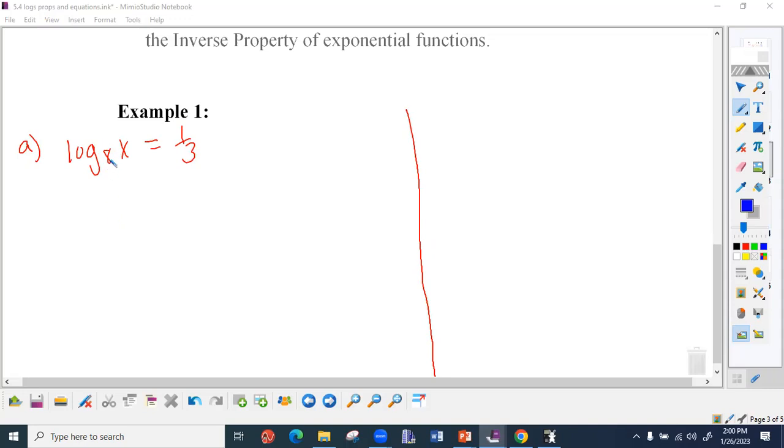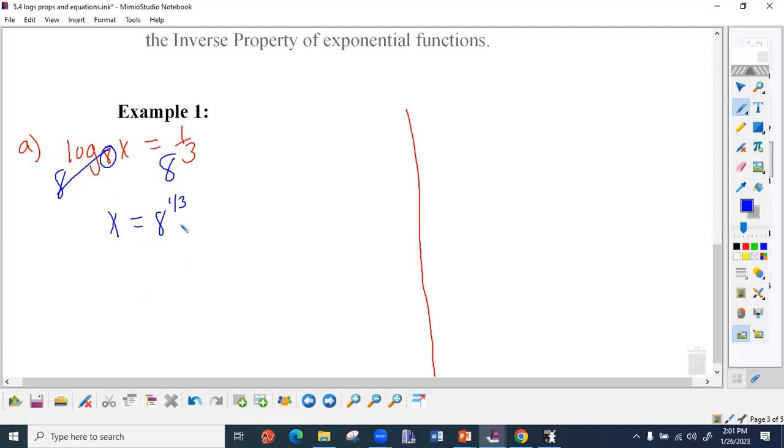I can raise this log to an exponential base that's the same as the base of my log, so I'm going to use 8. And what I do to one side, I have to do to the other. This is going to cancel out, and I'm left with x equals 8 to the 1/3.